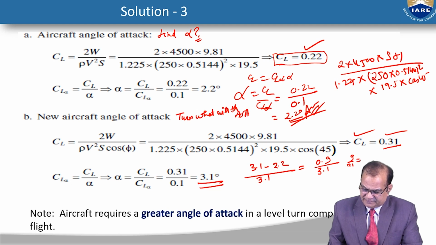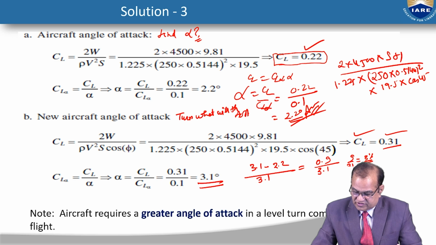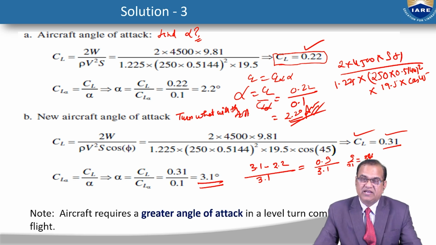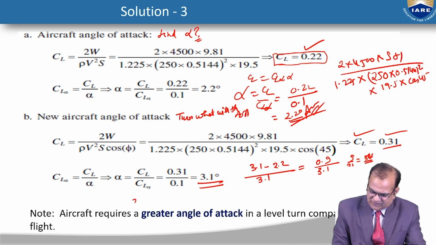So nearly it is a 30% increase in the angle of attack, experienced only by the banking. Note, the aircraft requires a greater angle of attack in a level turn compared to cruise flight.